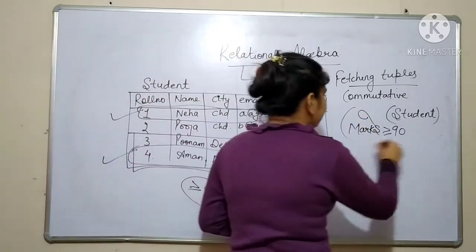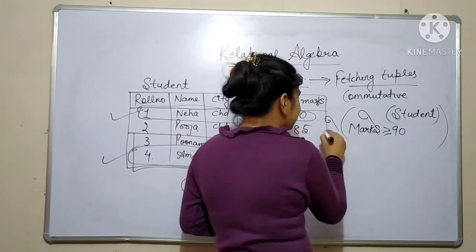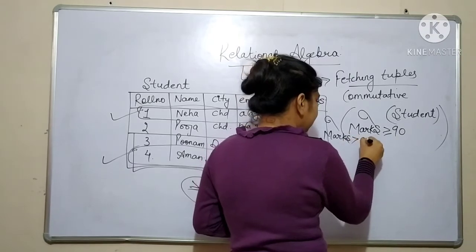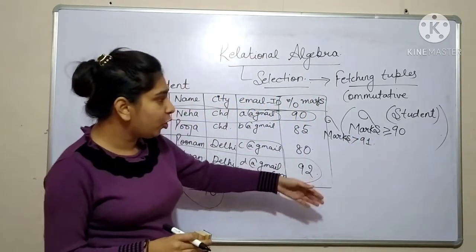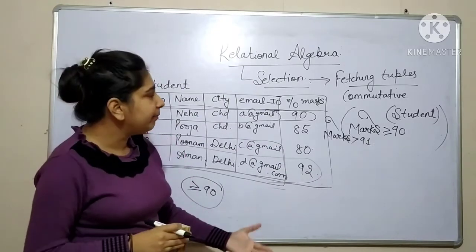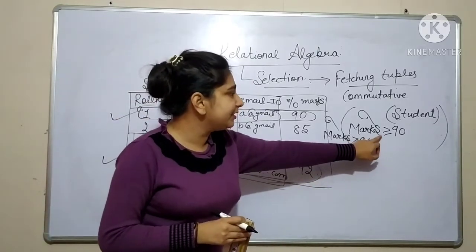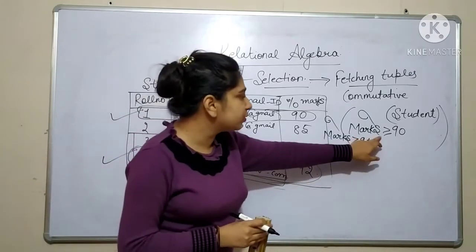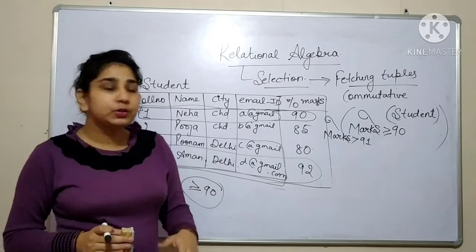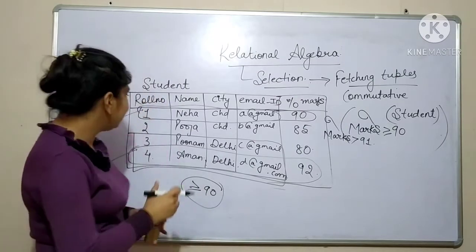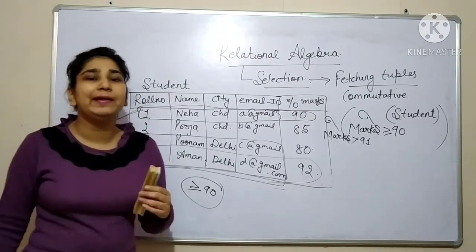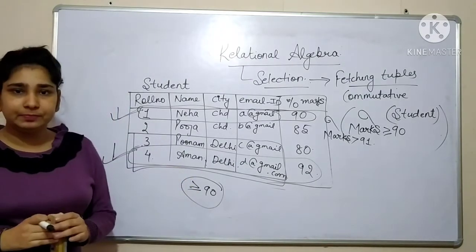Let's suppose I am writing operations like this, and I am applying these two operations. Firstly, I am fetching the details of all students whose marks is greater than or equal to 90. So what is going to be my output? Roll number 1 and roll number 4 we would get in the output.